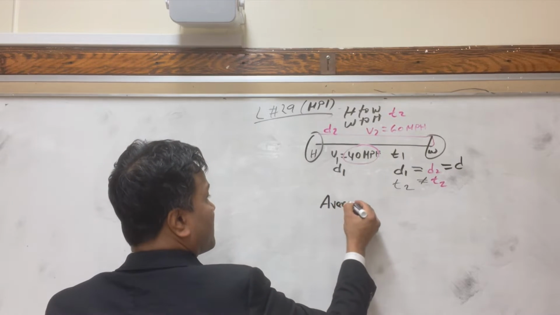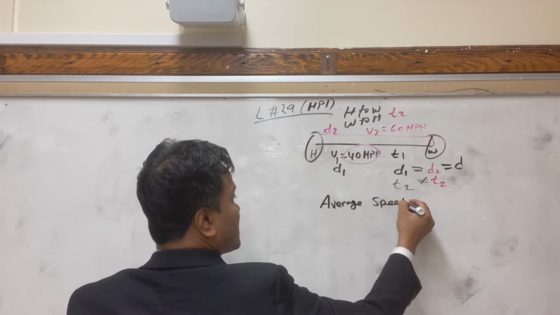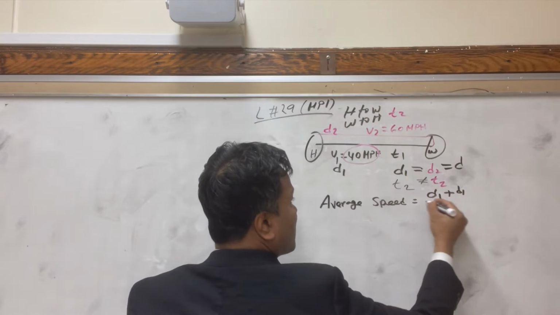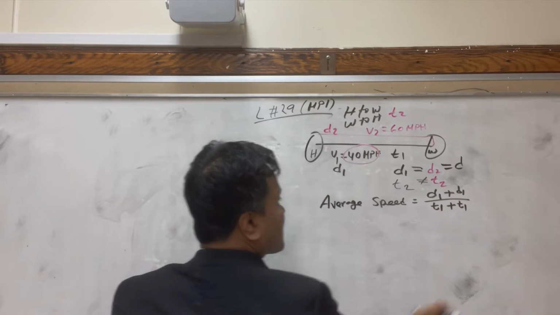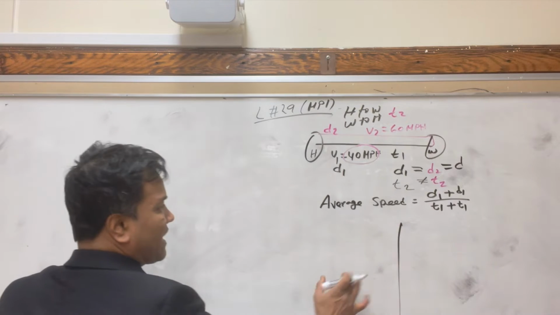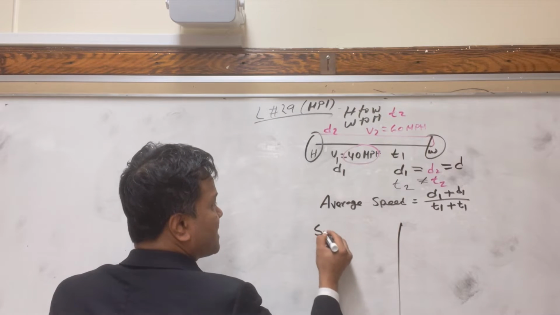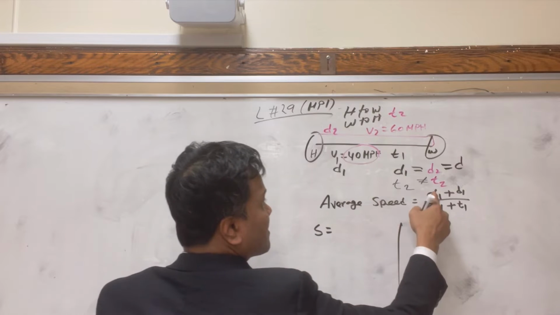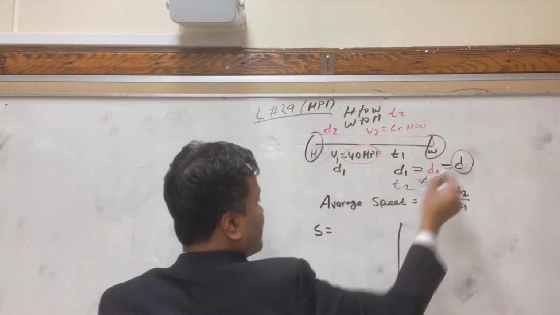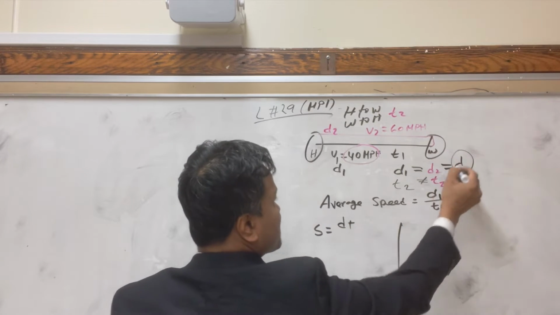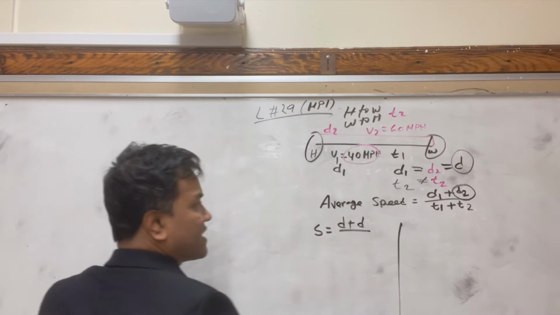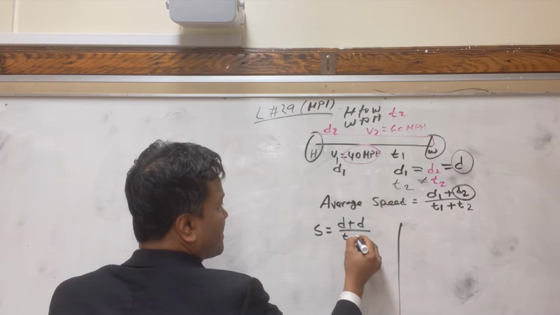Now what we want to find is the average speed. So average speed is equal to, of course, total distance over total time. We're going to make a t-table and write speed is equal to d1 plus d2, which you call d plus d. For time, you cannot call it t, so t1 plus t2.